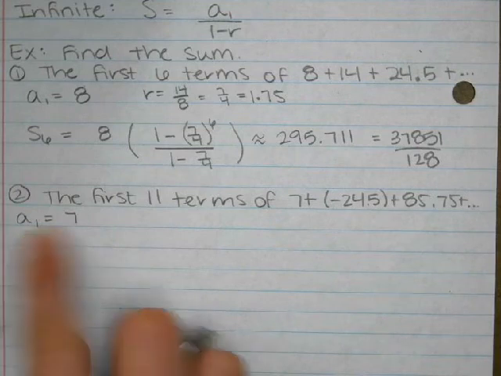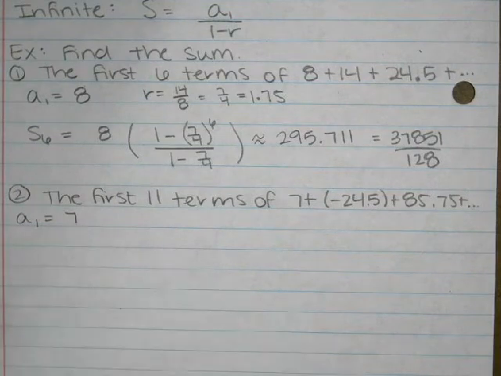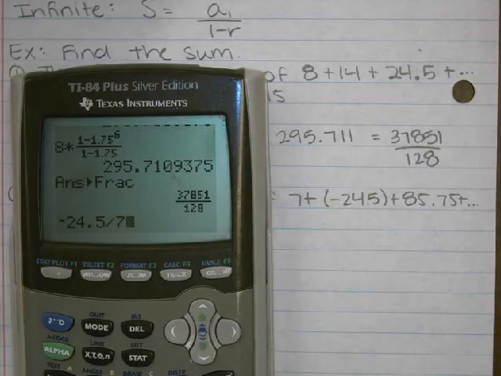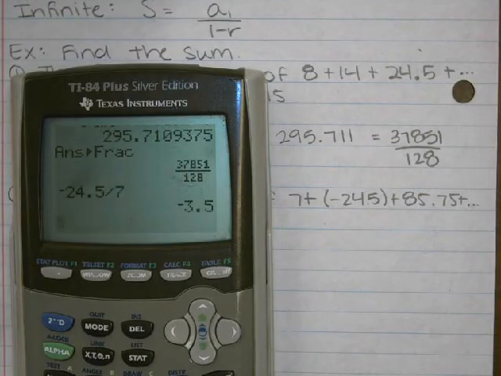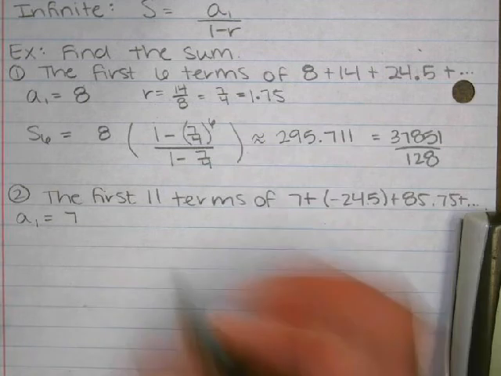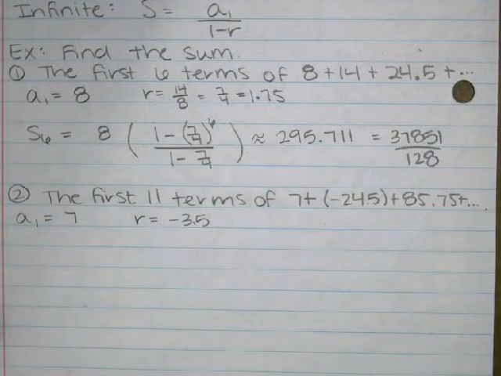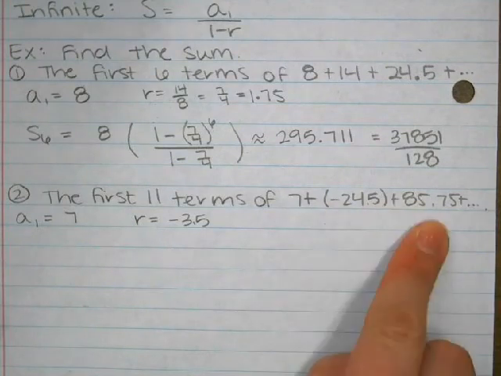All right, the first term is 7. The r value is negative 3.5, apparently. So for each of these terms, if you multiply by negative 3.5, that's how you get to the next term.